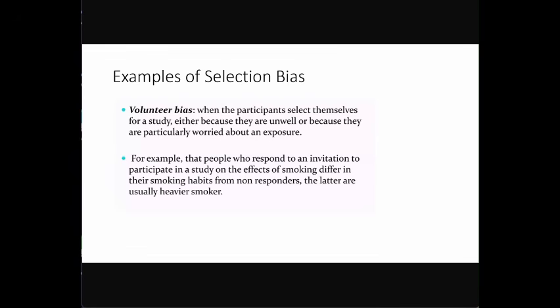If you are doing a study where you want to see the effect of smoke on health, a lot of people who are smokers might volunteer to be part of the study. Why? Because they know their condition. They are either worried or concerned that they might have adverse health effects, so they volunteer. And that can bias the study. They will be more likely to volunteer than those who are not smokers.